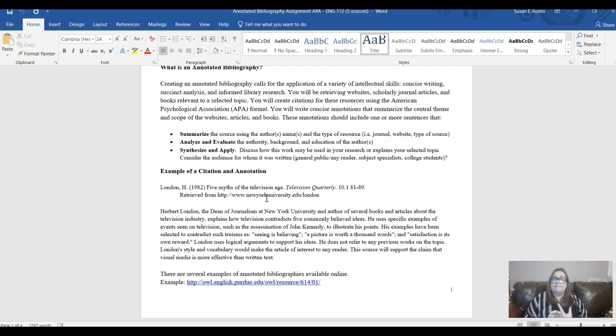Then in the evaluation, in the case of the interview, you would evaluate what was discussed, what was a conclusion maybe from some of the information, and you would evaluate the quality, the level of the information. And then when you synthesize it, you want to tie it back to that claim.